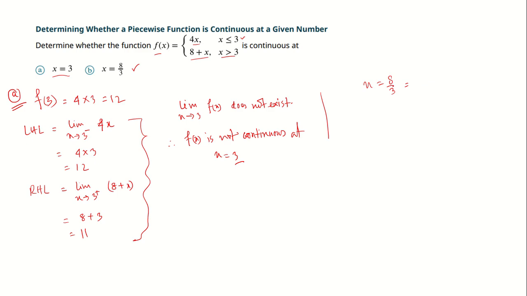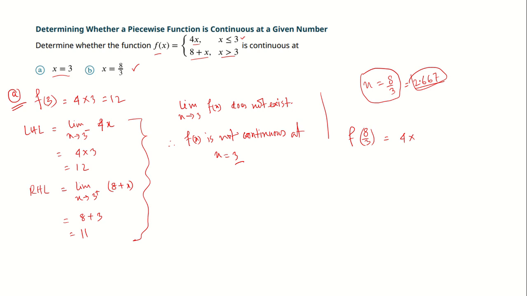So what is the value of this? Is it 2.667, just like this? Considering this, at first you have to find f of 8 by 3. It will be the first function.